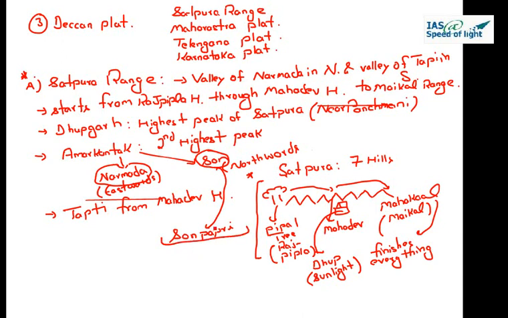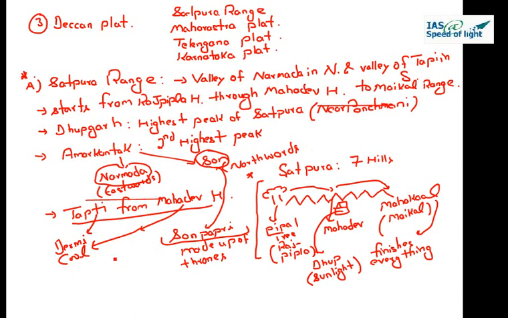Kantak is Kate, thorns. So don't just write these mnemonics, practice them, okay? See the visuals and revise them whenever it's possible. Tapti from Mahadev Hills. Mahadev is Shankar Bhagwan in meditation, and Tapti is Tapti Tapti Gami, that is the Dharmikul, if you remember the mnemonics. So Mahadev using Dharmikul during summers. So that is about the Satpura range.